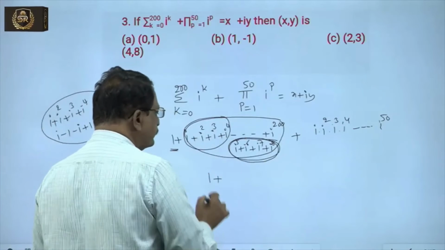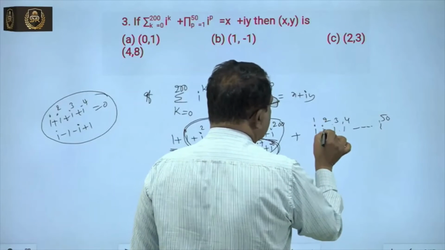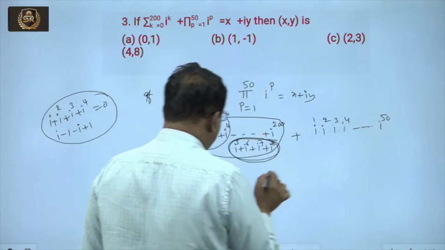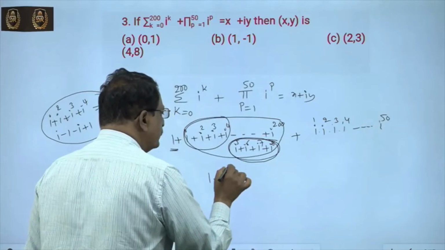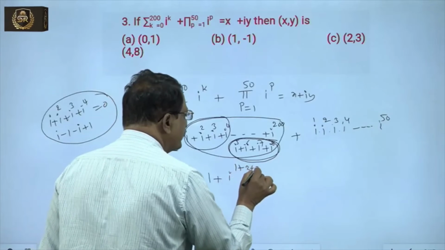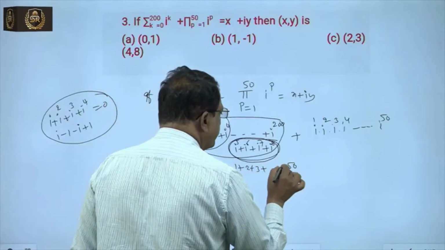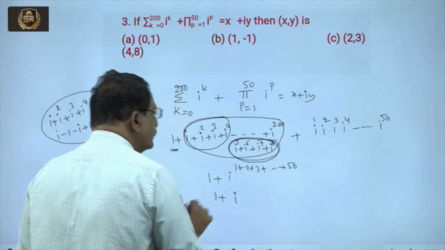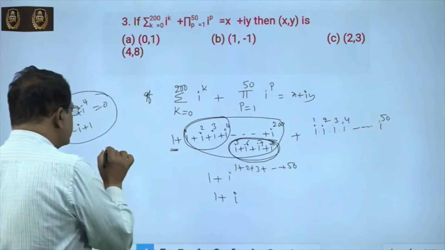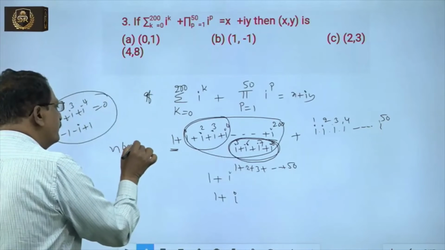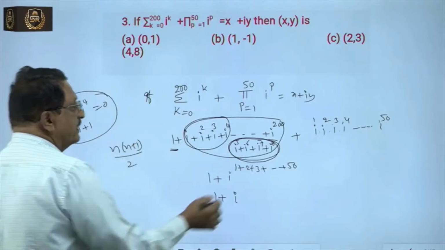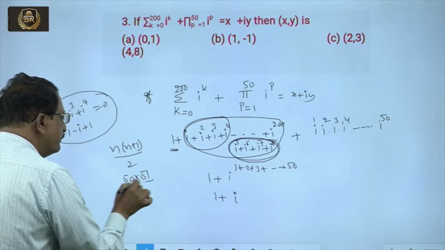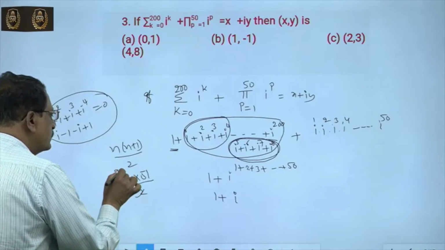1 plus i to the power of 1 into i square into i cube up to i to the power of 50. That equals i to the power of 1 plus 2 plus 3 plus so on up to 50. Now, 1 plus i to the power of the sum of the first n natural numbers, which equals n into n plus 1 by 2. But here n equals 50. 50 into 51 by 2 equals 25 into 51.